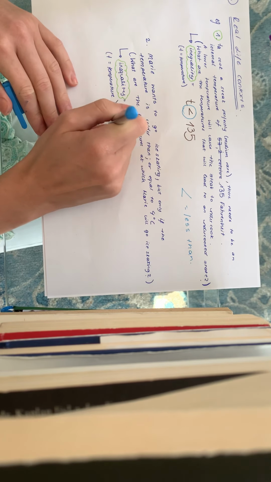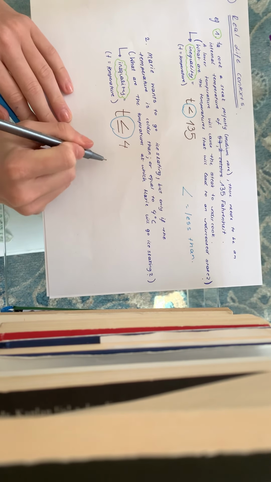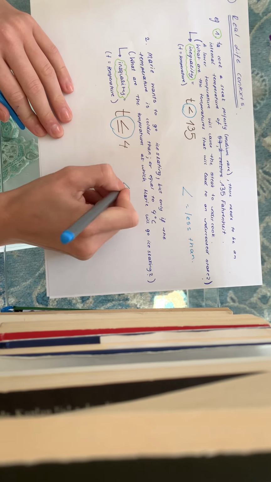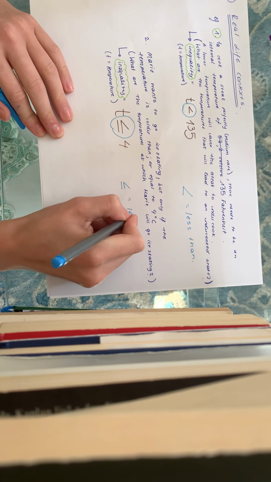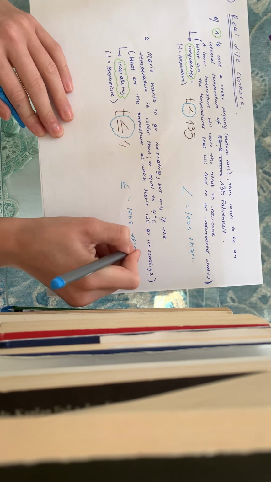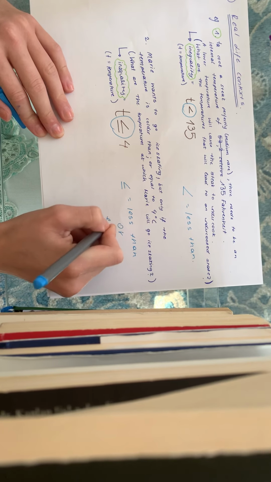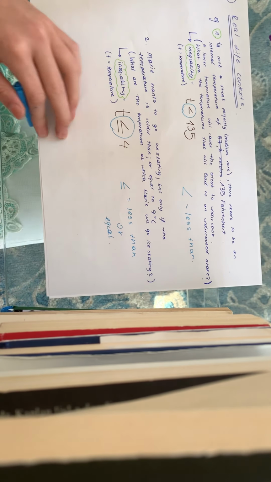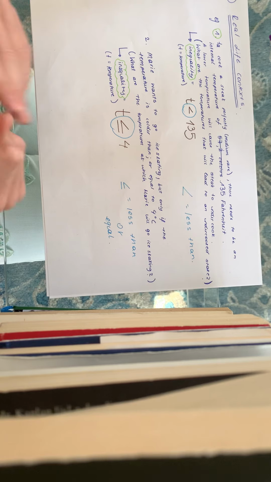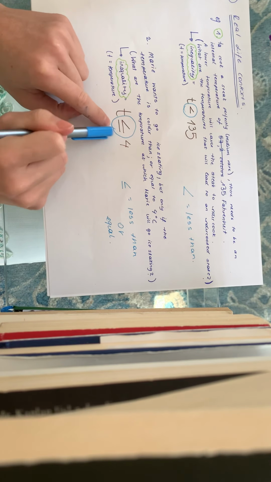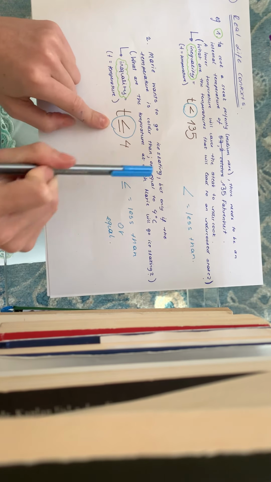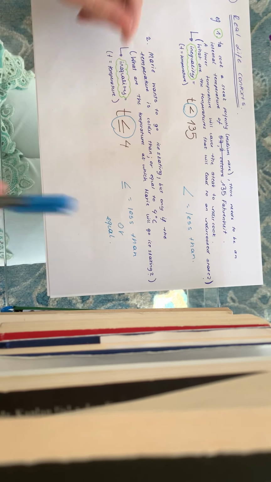So the reason why this is correct is because this sign means less than or equal to. It shows that any temperature that is less than or equal to 4 is the temperature at which Marie will go ice skating.